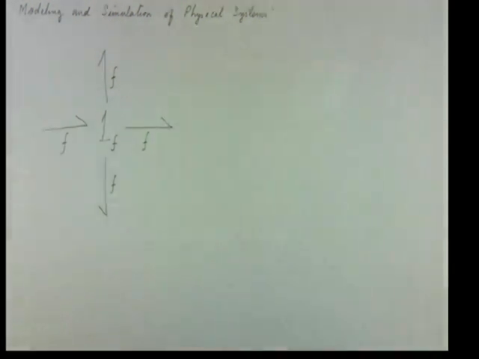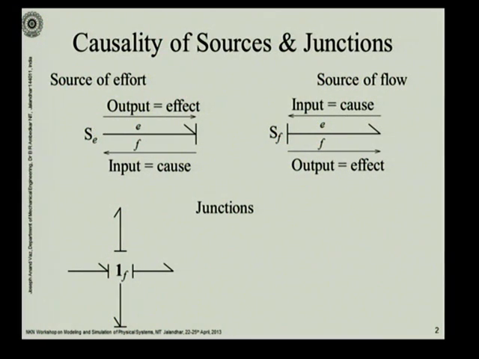So in this case, what we had done is that we had brought in flow into this junction. The process of bringing in flow is represented by just putting a causal stroke here, because automatically the other end receives flow. This becomes the effort receiving end.